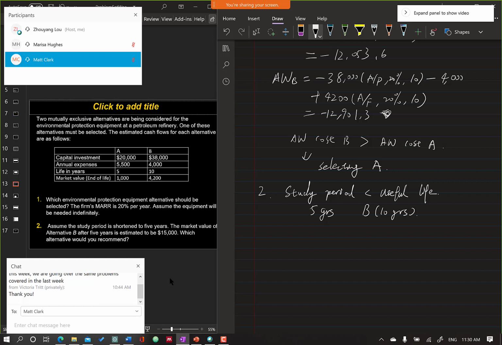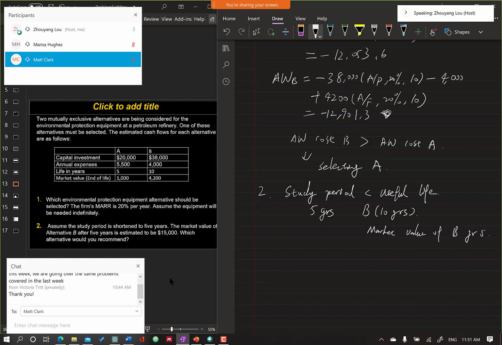It's not a scrap or salvage value, but really the market value at the end of the study period. So we need to know the market value of B at year 5 in this case.